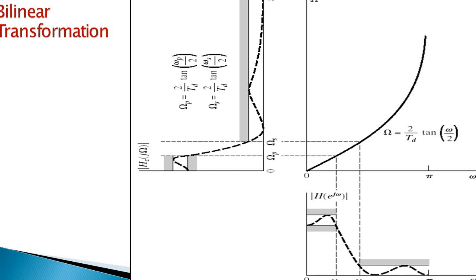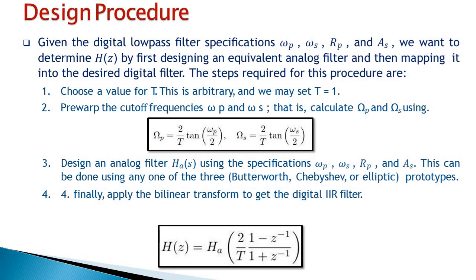See the bilinear transformation. It is because of the tan term that it is non-linear, and so at high frequencies the warping effect will occur. At high frequencies the frequencies will be warped. This is the design procedure given over here. First, you have to design the analog filter.